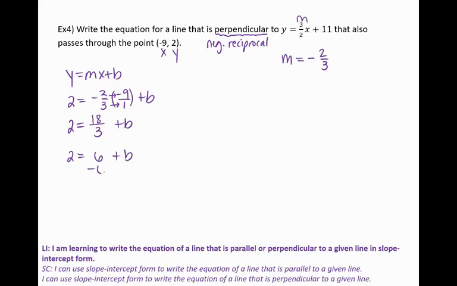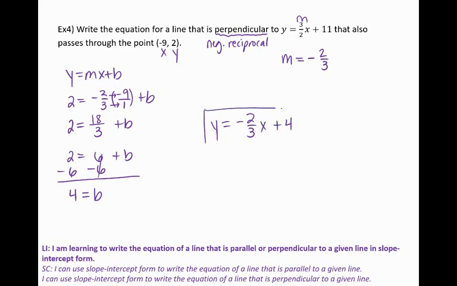To get b by itself, I'm going to subtract that 6 from both sides. 6 minus 6 is 0. So I get 4 as my b value, and write it into that fantastic slope-intercept form equation. y equals, my slope was -2/3, and then x, and my b was 4.